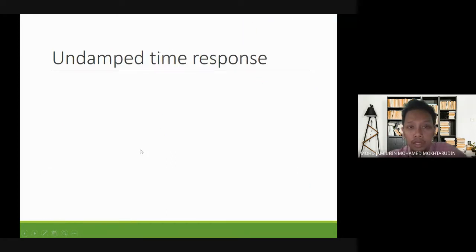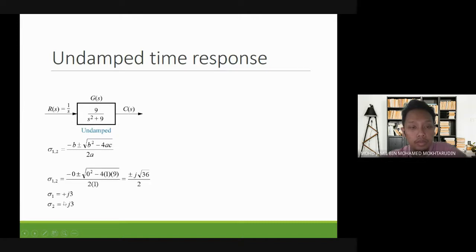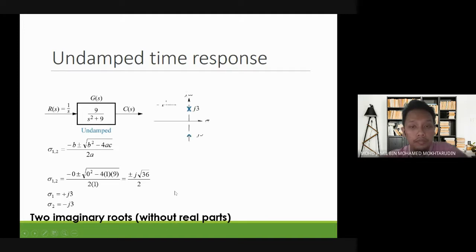Now let's look at undamped. Let's say G(s) equals 9 divided by s squared plus 9. So we find the poles. We get 2 poles, but without the real parts. Okay, so imaginary poles, but without the real parts.